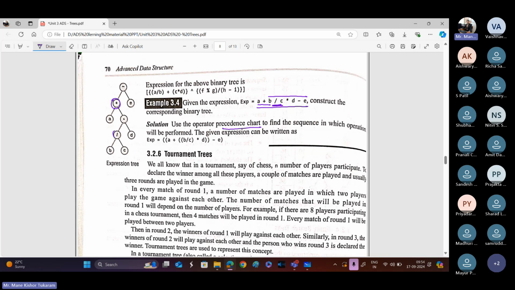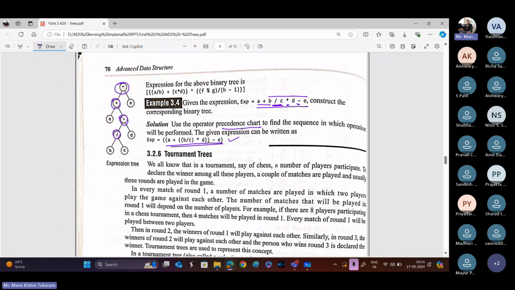So we write this b upon c. Then after that we have the multiplication precedence, so we write the multiplication, and at the end we have minus. Whenever the precedence is not given, it will be converted into the precedence and look like this. Such things we can do with the expression tree.